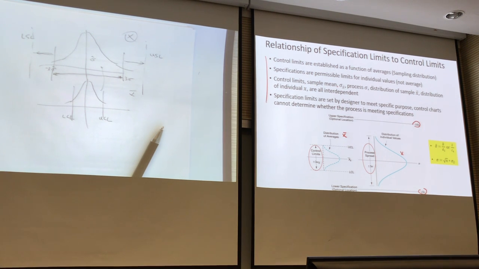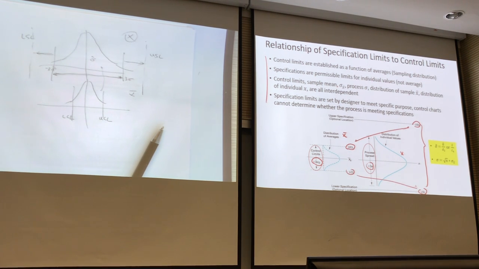So this is our spread, this is the process spread, this is the control limit. So this is the relationship. I purposely put this thing there to make sure that people are able to confuse control limit and specification limit. Right?